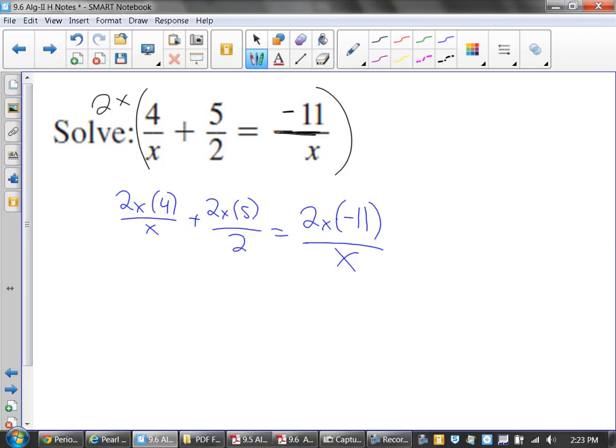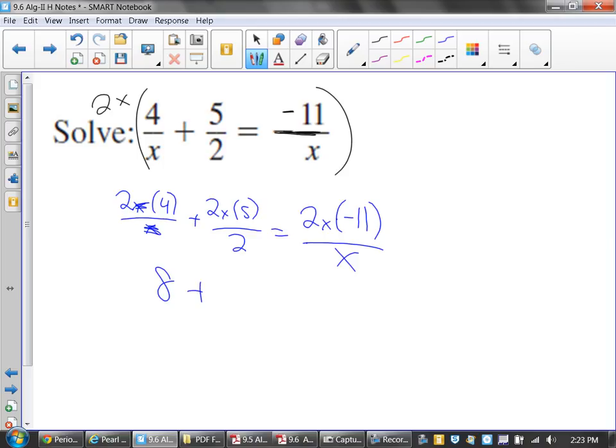Again, very similar to the other problems we have done, each one of these individual parts has something that'll simplify out to let us get rid of our denominators. Notice, in this first group, what goes away? The x's go away. You get 2 times 4, which is 8.